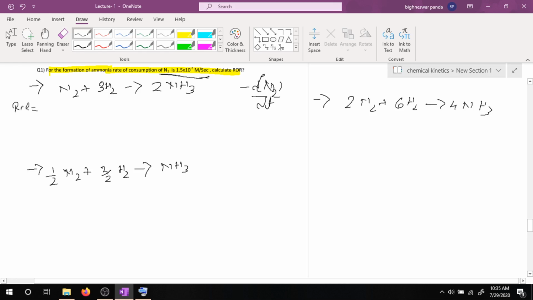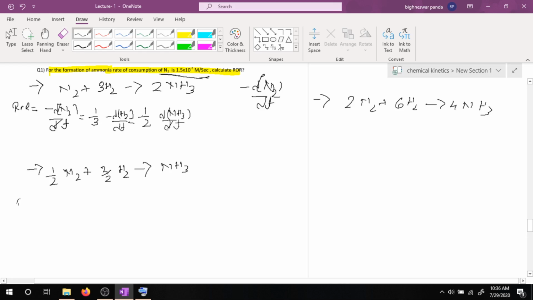The rate of reaction is equal to minus dN2 by dt, equal to 1 by 3 of minus dH2 by dt, equal to 1 by 2 of dNH3 by dt.